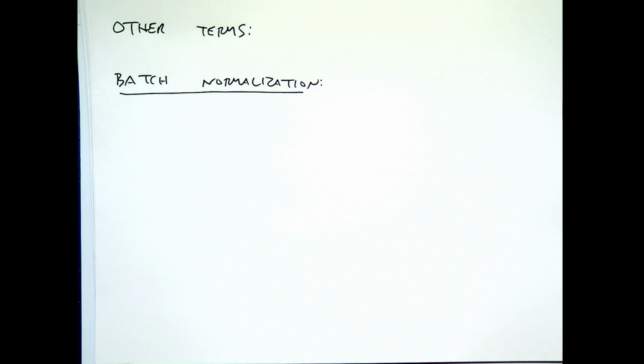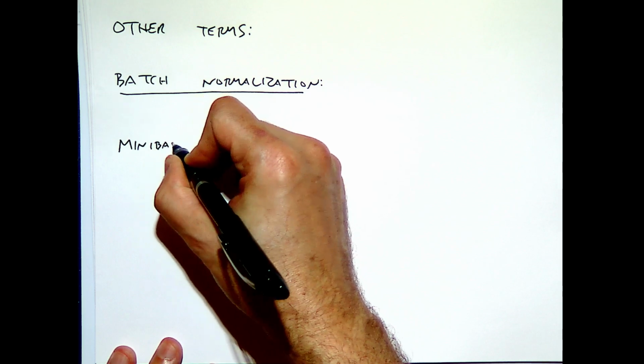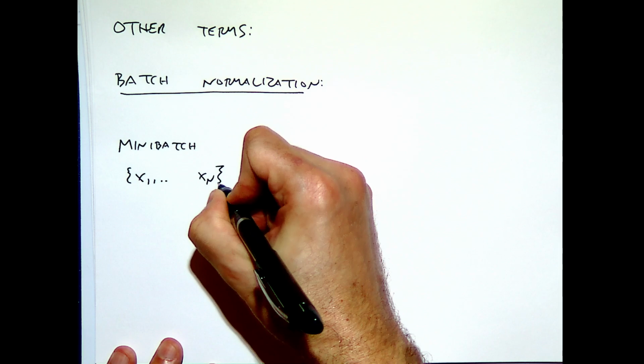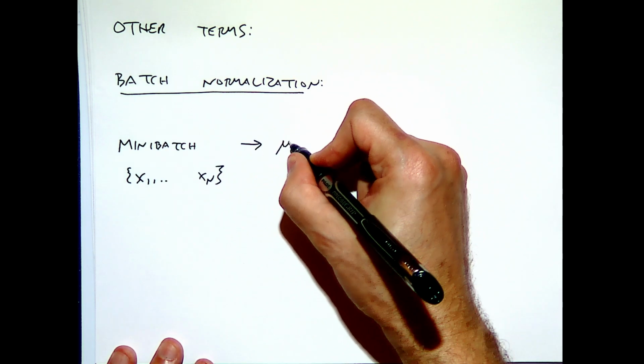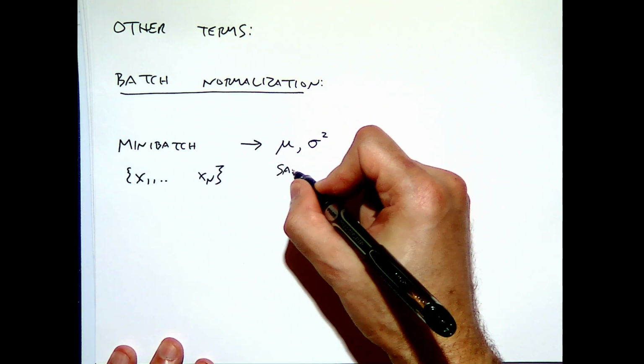It turns out that one of the easiest ways to combat these problems is, if I have a mini batch of inputs coming in, let's say I have n elements in my mini batch, I could estimate the mean and the standard deviation. This is like the sample mean and variance.